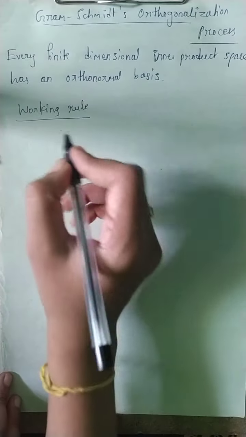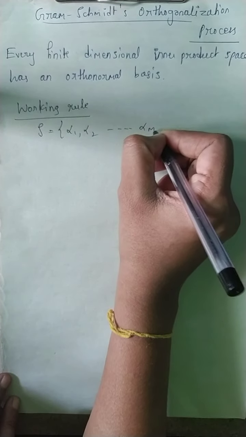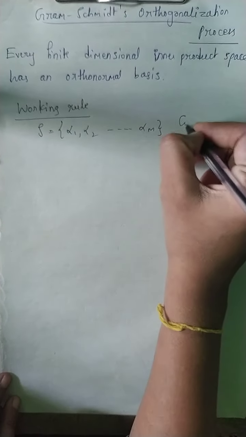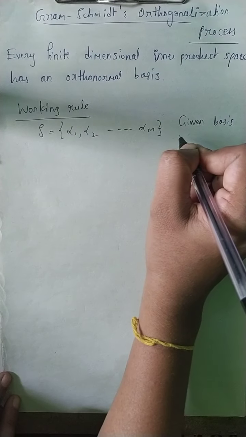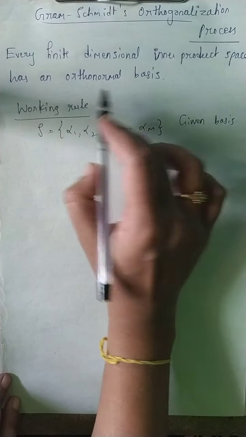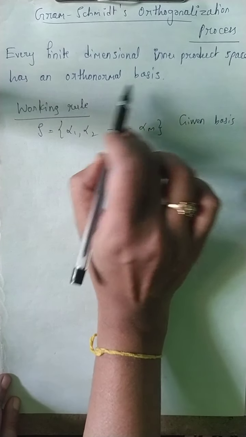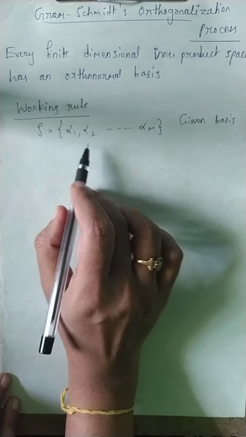Here they are given the basis S, alpha 1, alpha 2, so on up to alpha m, which is the given basis. By using this basis we have to find the orthonormal basis. Before finding the orthonormal basis, first we have to find the orthogonal basis.